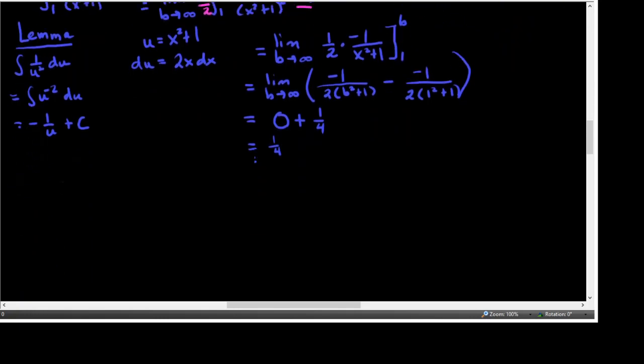Okay, so that answer means, of course, that our improper integral, because we got a real number here, of x over x squared plus 1 quantity squared dx, since we've got a real number, that means that the improper integral converges.